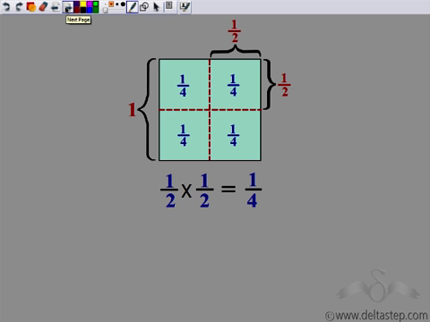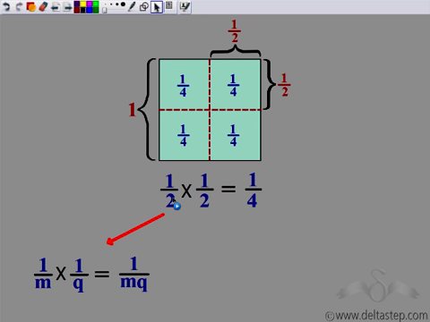Now what the problem was, how is this denominator coming? Whether it is 2 plus 2 which is giving me 4, or is it 2 times 2 which is giving me 4? So there were two things that could happen. Either 1 by m into 1 by q.